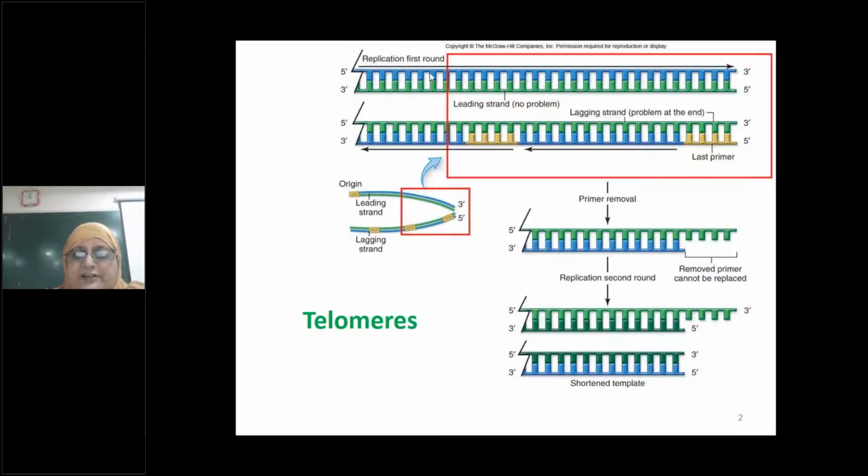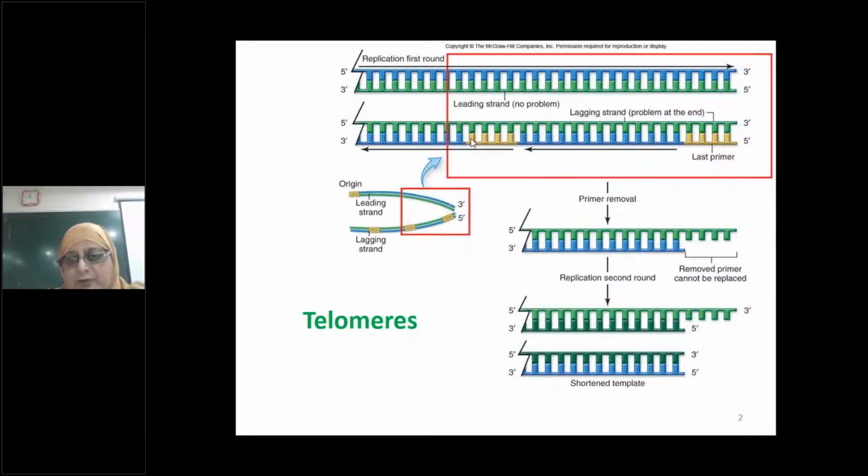So with the first round of replication, you have a leading strand and you have a lagging strand. With the leading strand, the replication is taking place from the 5' end to the 3' end, in both the leading strand and the lagging strand. In the leading strand, there is no problem, but in the lagging strand, when the Okazaki fragments are forming, there are several RNA primers.